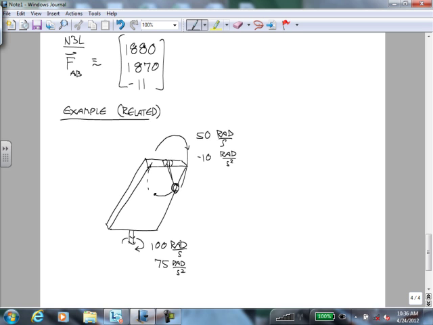So my question is, could we fix the coordinate system up here on the ball?